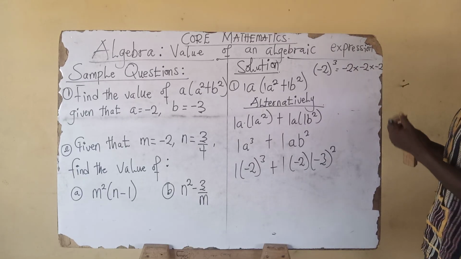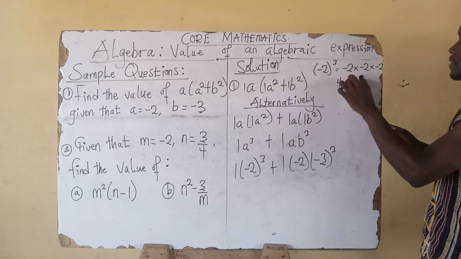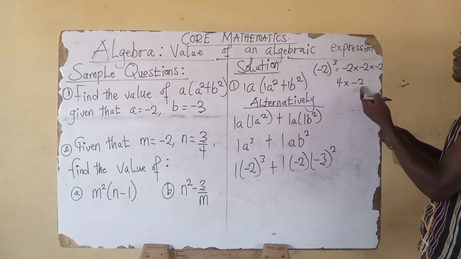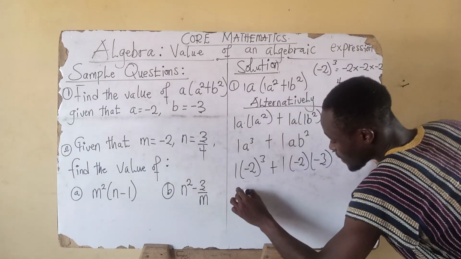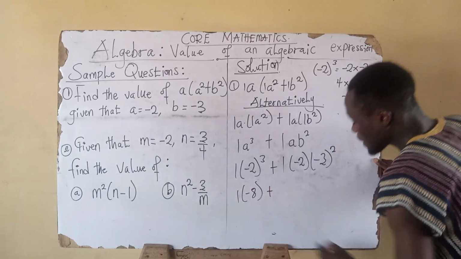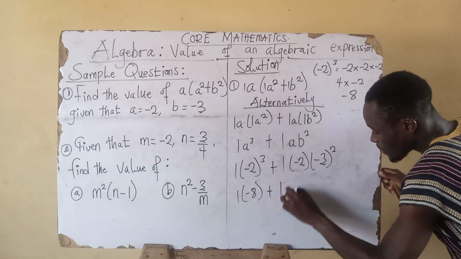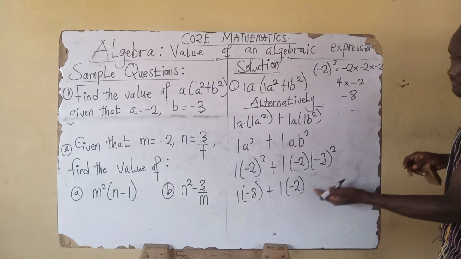So we are multiplying it one after the other. So negative 2 times negative 2, I'm going to get what? Positive 4 multiplying negative 2. Positive 4 times negative 2, I'll get negative what? 8. So here I will have 1 in a bracket negative 8 plus 1 in a bracket negative 2. Let me tackle this first so that after I'll come there.